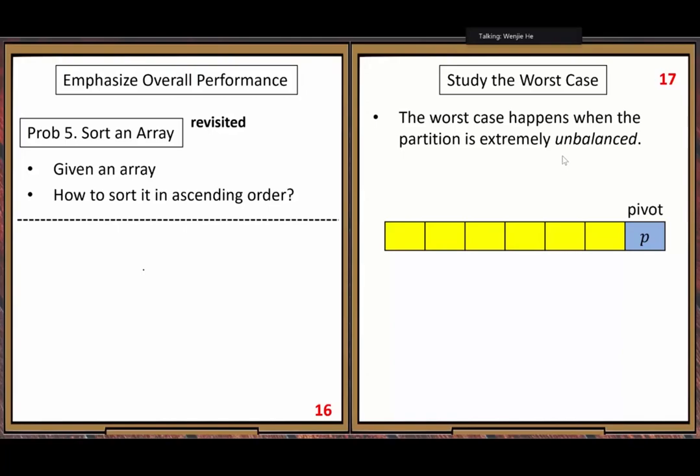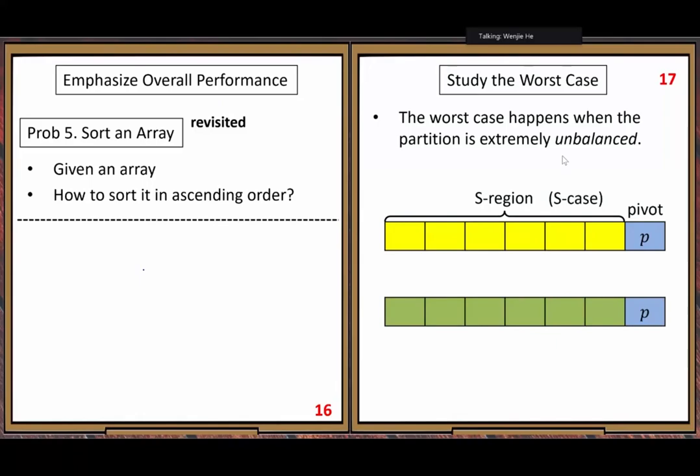The yellow region and the P and the green region is empty. So the S region occupies all the positions other than P. That's one of the worst cases.